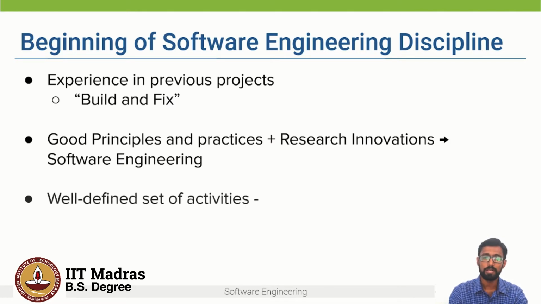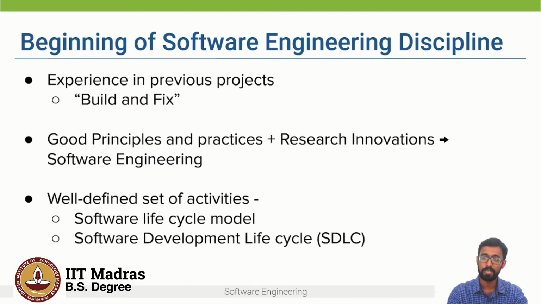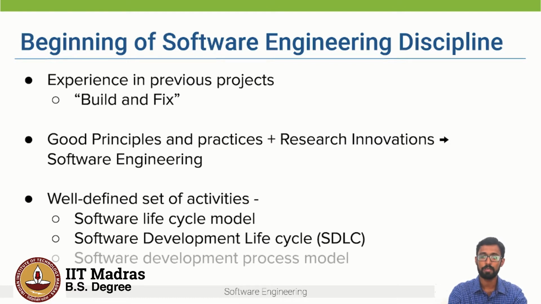Software engineering emphasizes software development through a well-defined and ordered set of activities. These activities are commonly referred to by various names, such as the software lifecycle model, software development lifecycle or SDLC, and the software development process model.